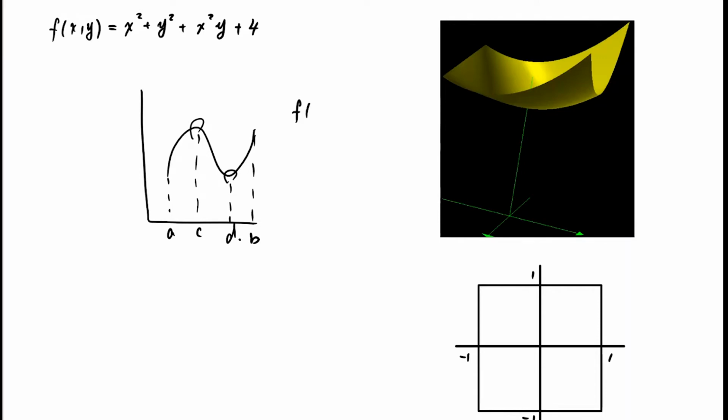We evaluate the function at a, b, c, and d, and see whichever is the highest of all, because this endpoint also comes into the picture when we are dealing with absolute max and min. You know what I'm saying? Between these two, whichever is greater is the absolute maximum, and between these two, whichever is smaller is the absolute minimum, wasn't it?